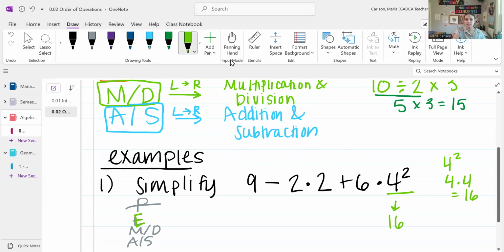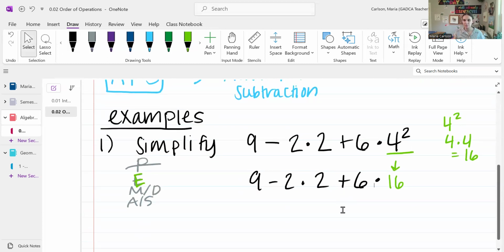So this is 16. I'm going to rewrite the problem exactly as it is, except now the 4 squared is 16. So 9 minus 2 times 2 plus 6 times 16 instead of 4 squared. Okay, exponents are done. Next, I'm going to look for multiplication and division, and I want to do this from left to right.